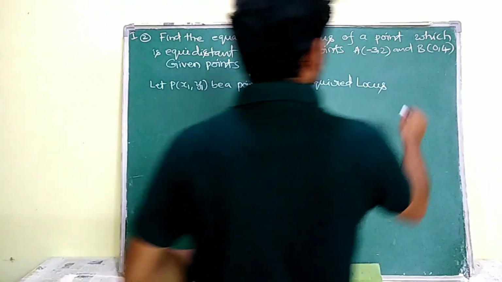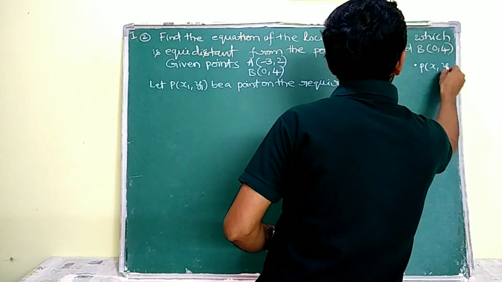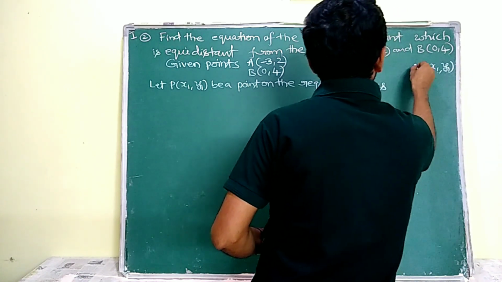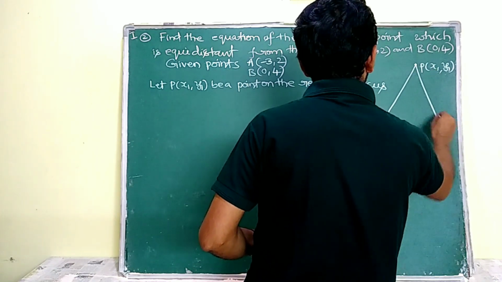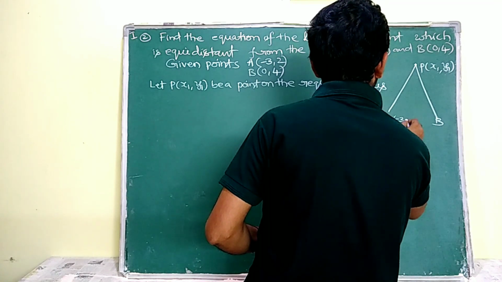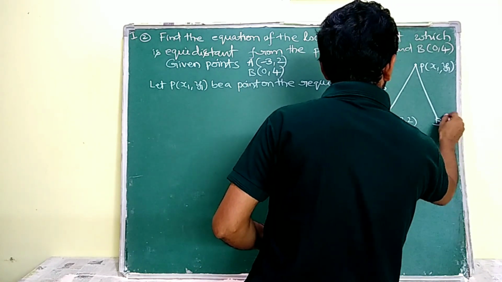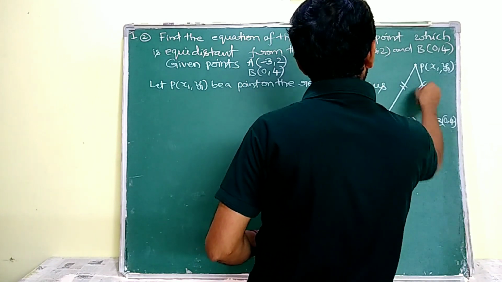So see, let this be P(x1, y1). Now this P is equidistant from the points A and B. So this A is (-3, 2), B is (0, 4). So PA and PB are the same.